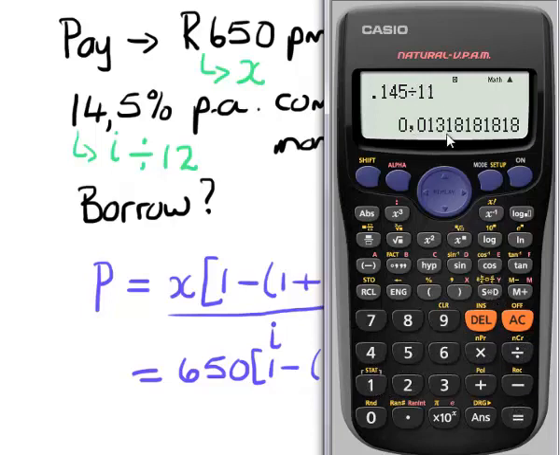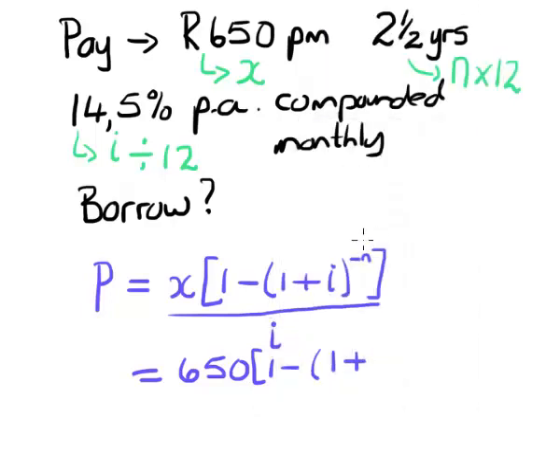Now, if you have a look here, you can see it's a recurring decimal. Now, you're not allowed to round this value off because then it's going to lead to inaccuracy. So in our calculator, we are going to put our 0.145 and we're going to divide that by 12. To make my brackets a bit bigger here. Okay, so all of that is at the top.